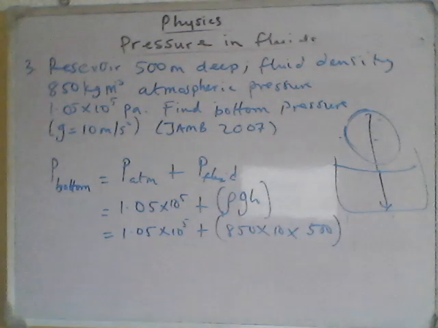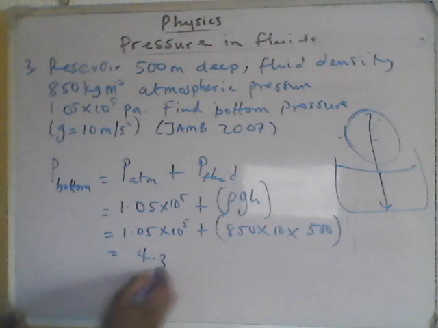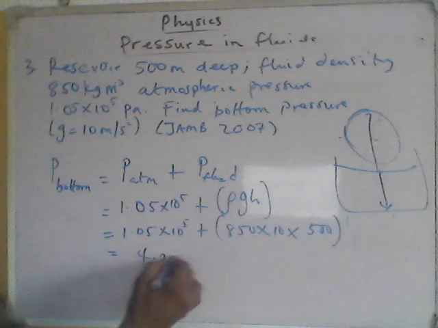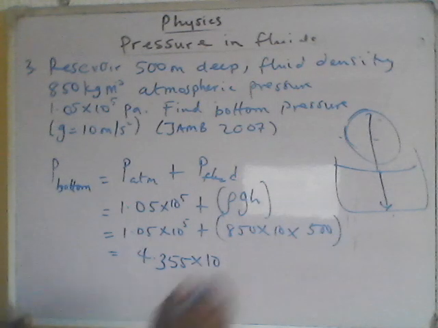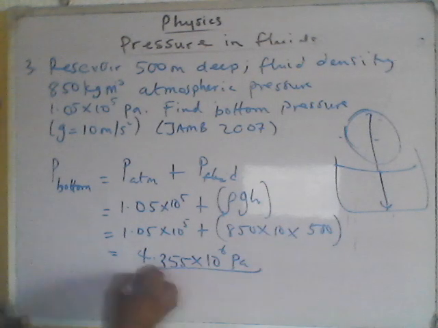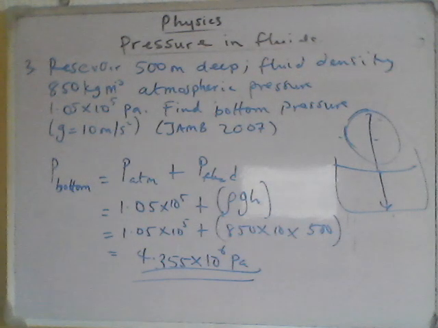That's what we are always doing. So by the time you compute this, you'll be getting 4.355 times 10 raised to the power 6 Pascal. So this is the combined pressure of atmosphere and the fluid. So go to the next question.